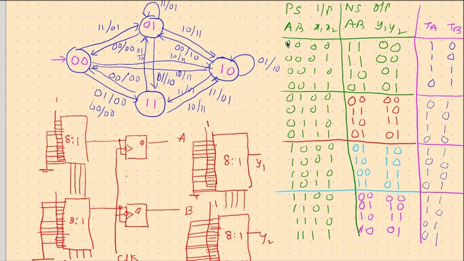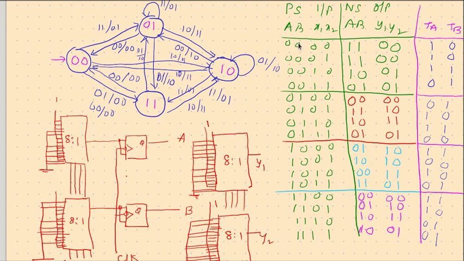So you just compare present state A with the next state A, and if there is a change, write TA equal to 1. If there is no change, TA equal to 0. So 0, 1, there is a change, so 1. 0, 1, change, 1. 0, 0, no change, so 0. That way these two columns are created.